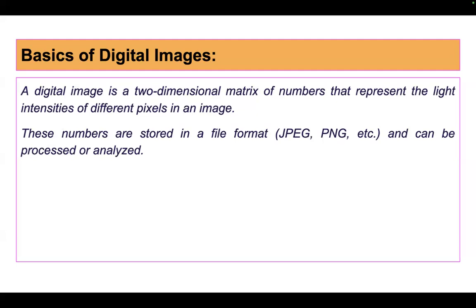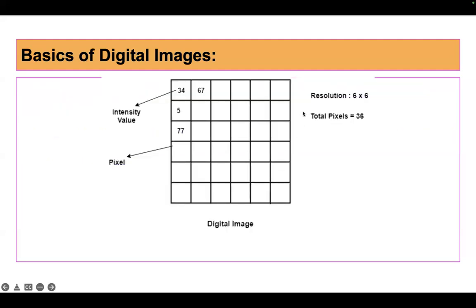So similarly, you can choose your own format, right? We can use them for processing and analyzing. So that was the definition of a digital image. Now, in this particular image, you can clearly see now what I have just said, right? Okay, what you can see now?